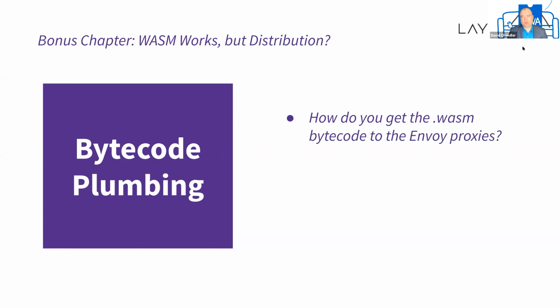So once you have WebAssembly bytecode that works very well for the versions of Istio that you care about, how do you get it to them? When we were first getting into WebAssembly for Envoy, Solo.io had WASME, which had a Kubernetes operator that would help you deploy your bytecode.